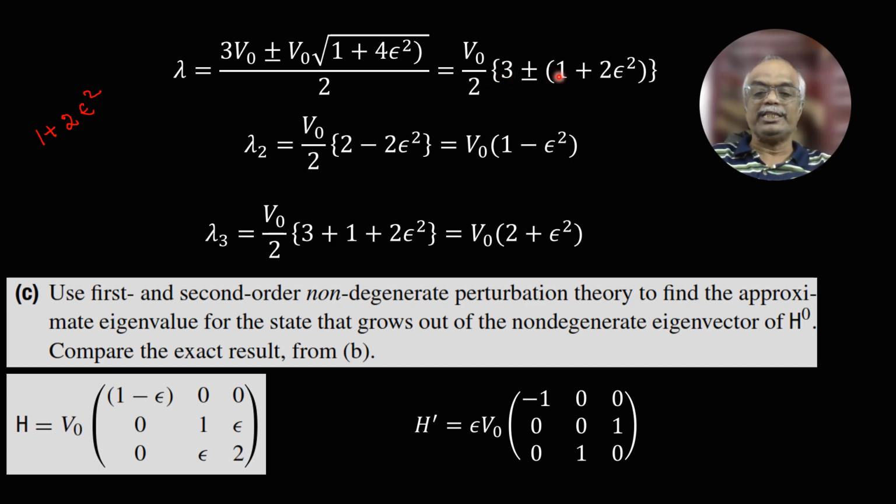So 3 minus 1 is equal to 2, and because we are taking minus 2 epsilon squared, this will become minus 2 epsilon squared.